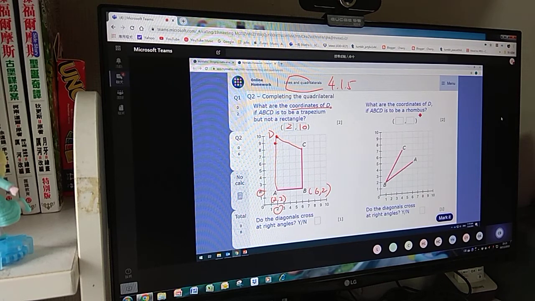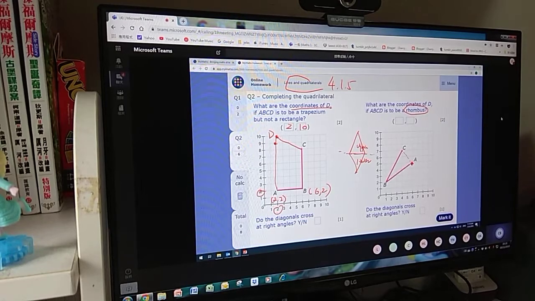For the right hand side, if ABCD is a rhombus, that is 菱形 in Chinese, what are the coordinates of point D? If you remember the characteristics of the rhombus, you can see that the upper one and lower one should be equal.